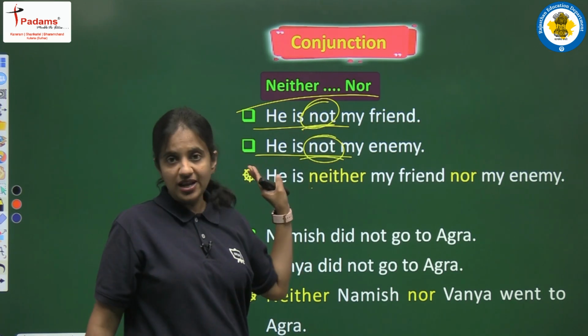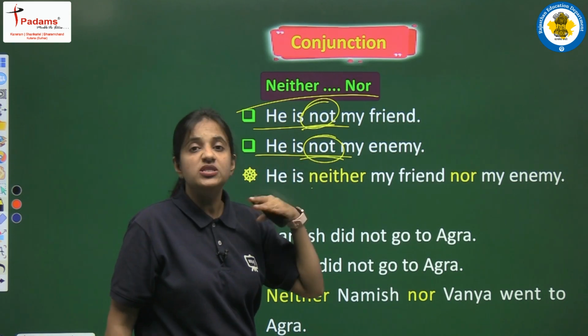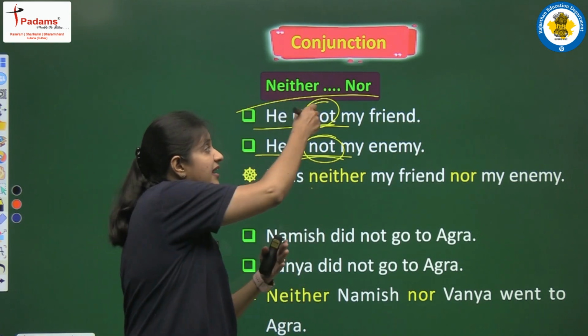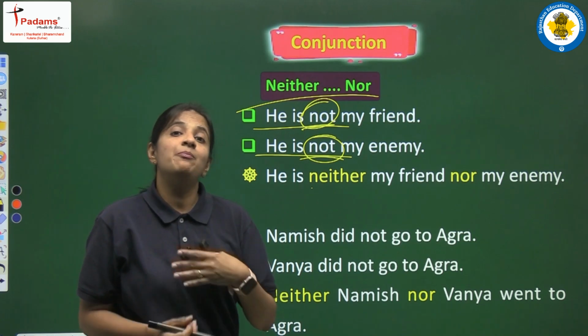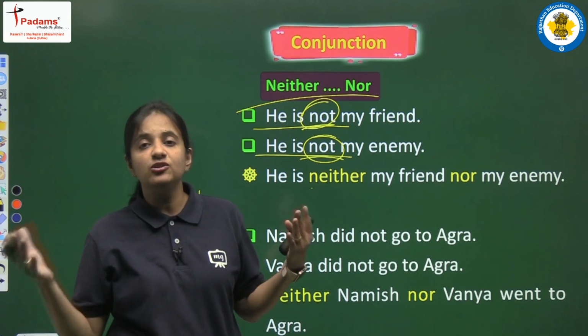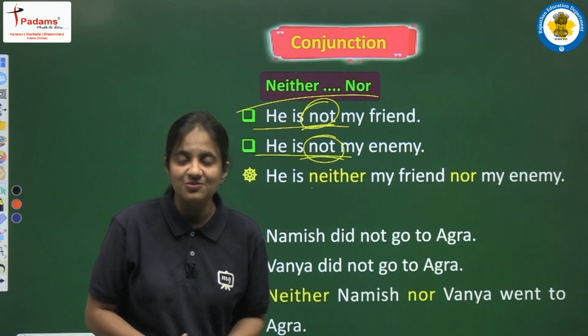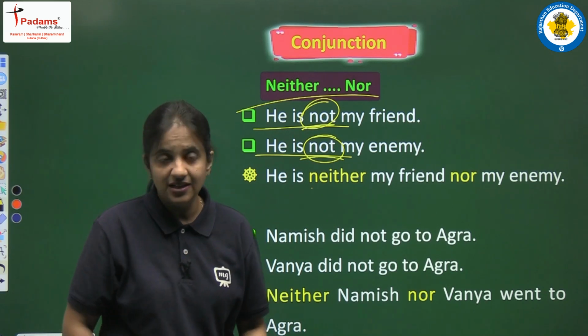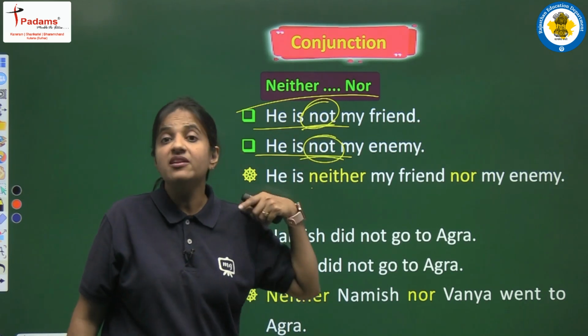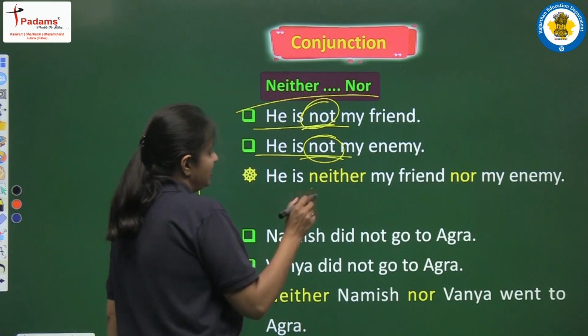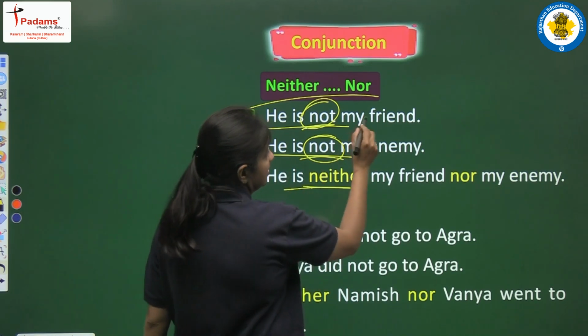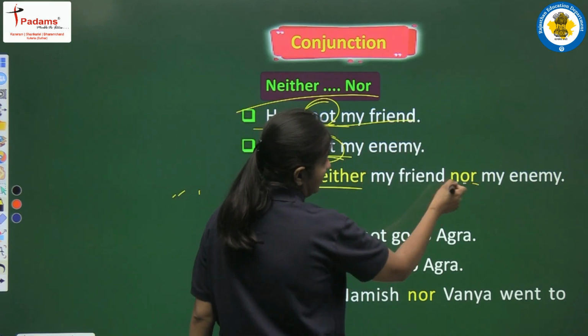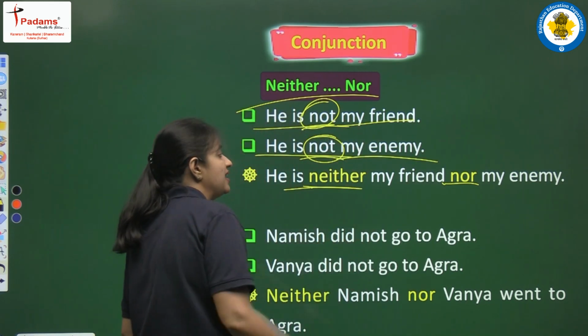Because not is also a negative word, but when we are using neither, this negative word not will be replaced by neither. So हम एक साथ दो negative word नहीं लिख सकते sentence में. So when we are using neither, this not will be removed, right? So we are writing he is neither, next my friend, then nor, and after that my enemy.